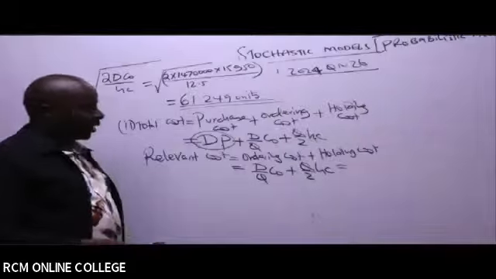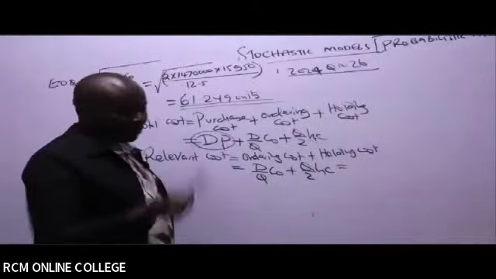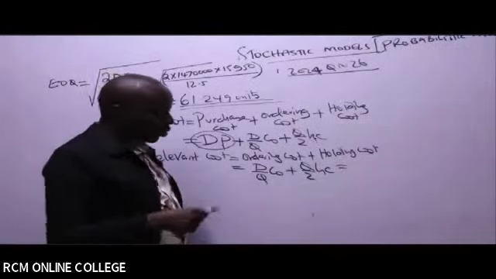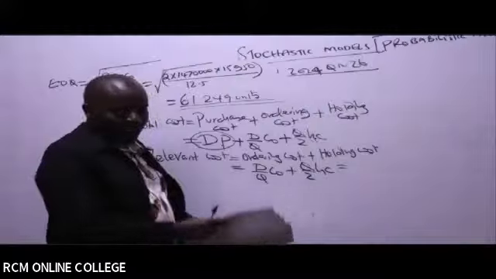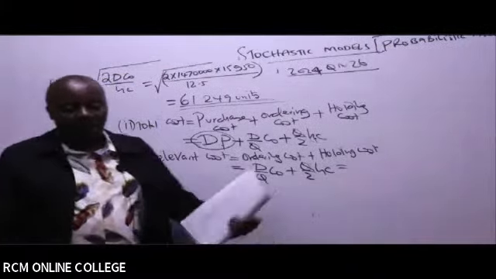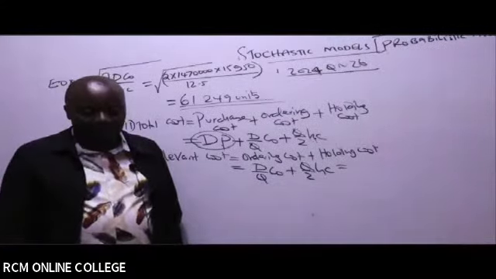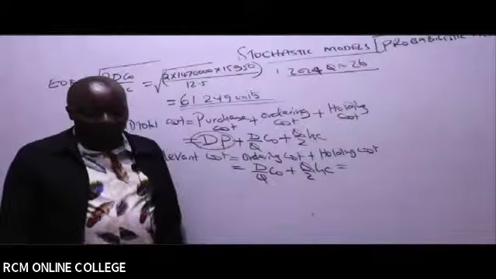Don't forget that this quantity is the economic order quantity, which we got up there. Wherever you see Q, use economic order quantity, and then give me an answer. I'm all eyes to see your figures.